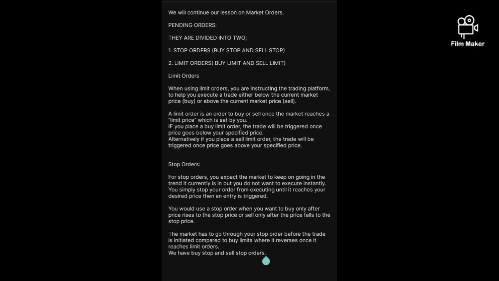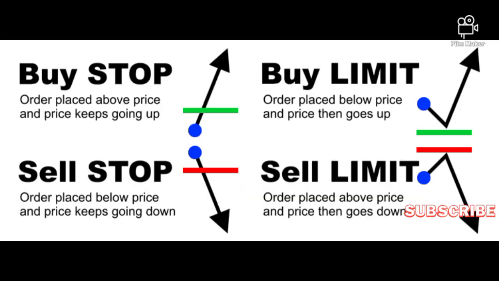And now let's proceed. Let's talk about limit orders. When using a limit order, you are instructing the trading platform to help you execute a trade either below the current market price, which is buy, or above the current market price, which is sell. A limit order is an order to buy or sell once the market reaches a limit price which is set by you.